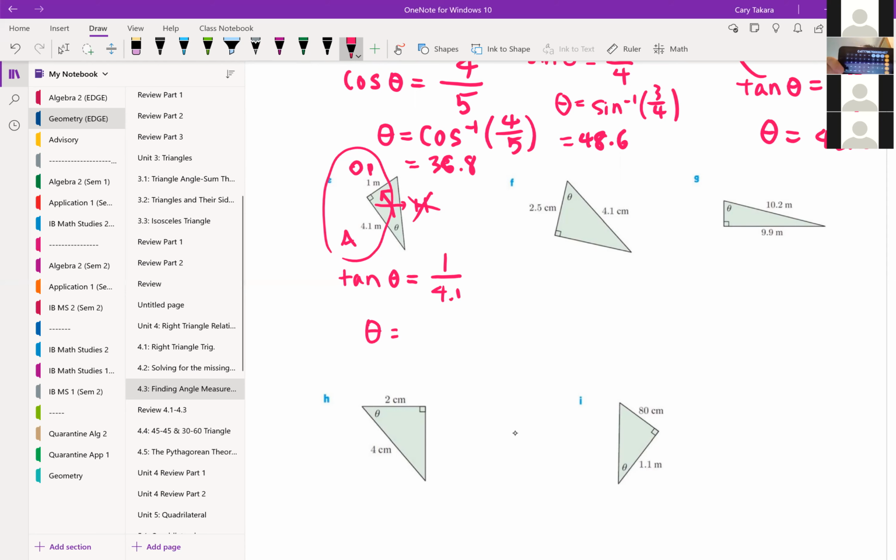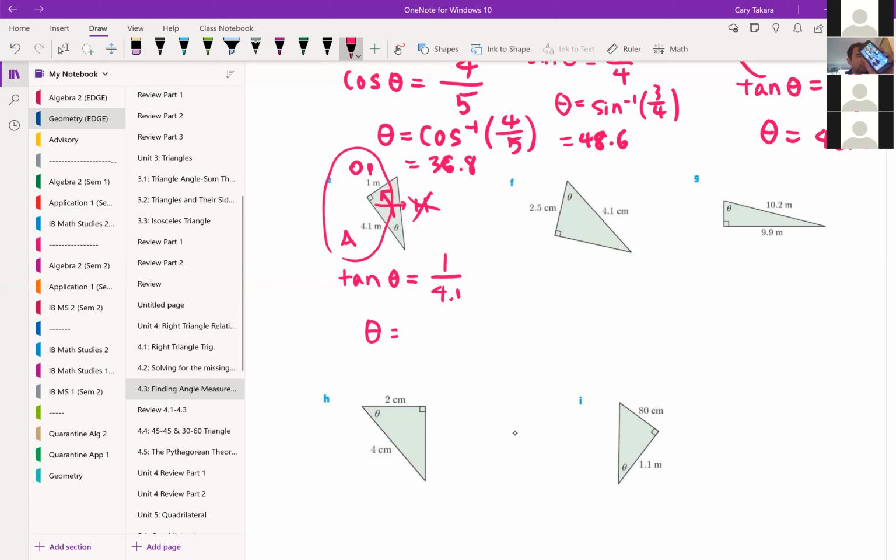However, this is a little bit confusing to use because when you want to do inverse cosine, sine, or tangent, you have to press the number first, and then you press cosine or tangent. It gets really confusing. So I would highly recommend that you download a calculator.